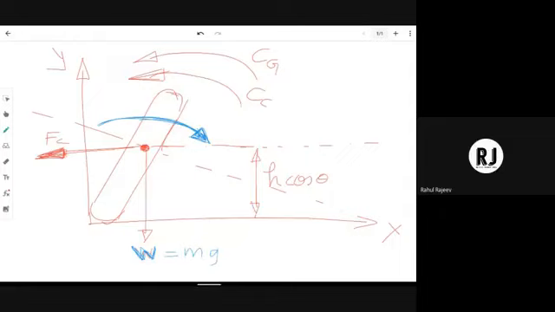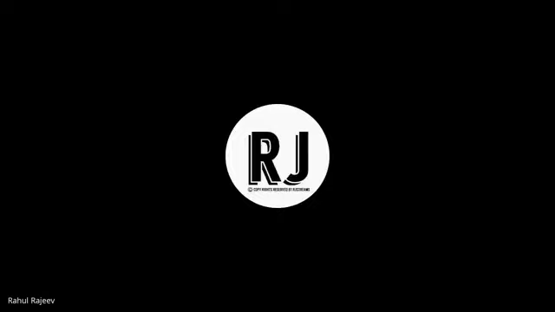So if this W has to generate a couple which should be opposite to that of the total overturning couple.